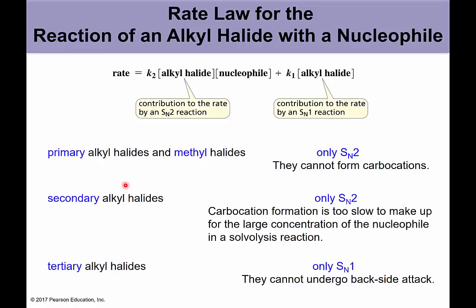So to summarize, you have an overall rate of reaction that is comprised of two rates from two different mechanisms. You have the SN2 reaction mechanism and you have the SN1 reaction mechanism. Both of them depend on the concentration of the alkyl halide, but the rate at primary alkyl halides and methyl halides is fastest for SN2 reactions because you can't form carbocations on primary or methyl alkyl halides.